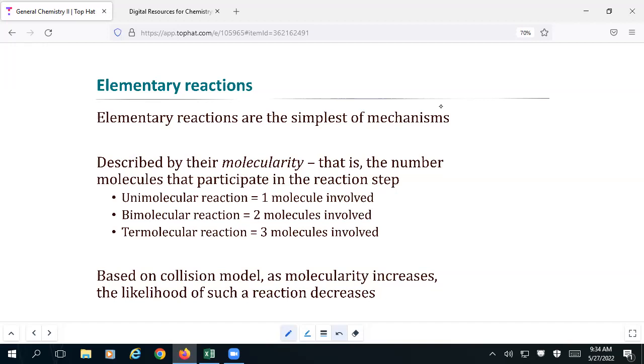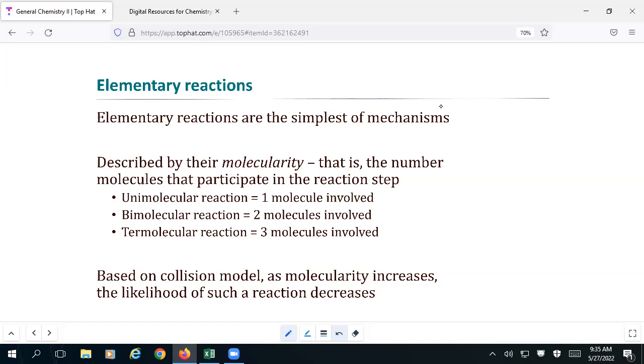We can describe them based upon something called molecularity. Molecularity just being how many molecules are involved in the reaction step. So a unimolecular step would have just one molecule involved. A bimolecular reaction would have two, a trimolecular would have three, or termolecular.